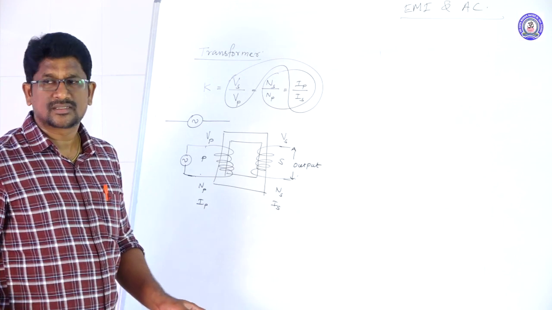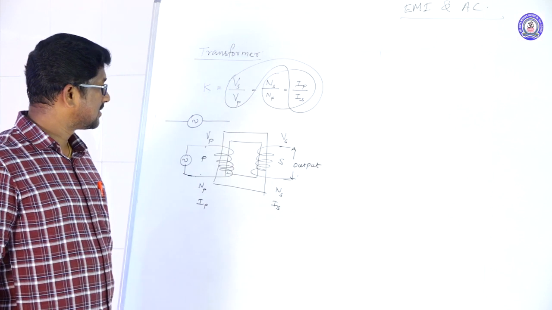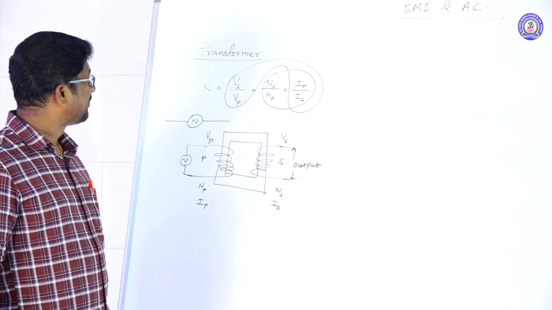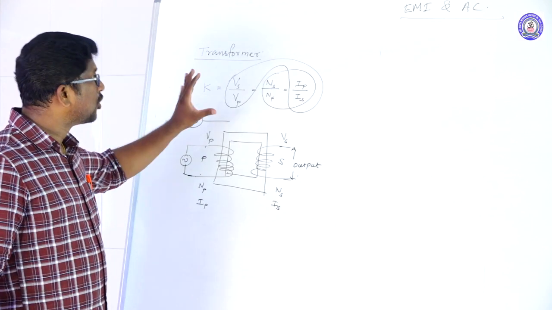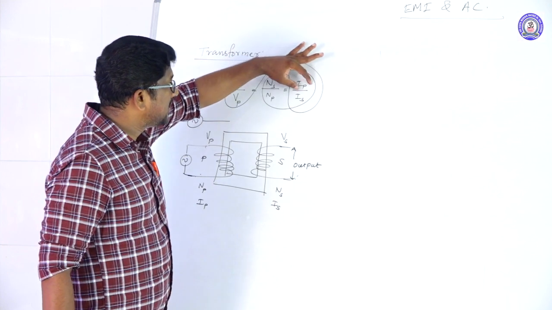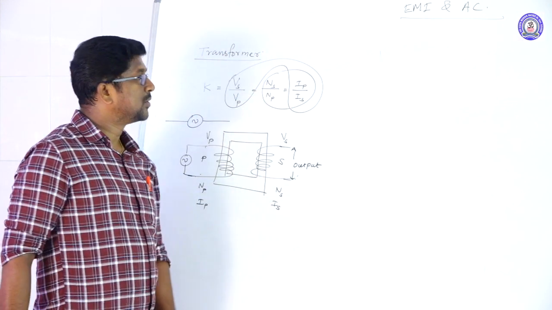But no transformer is ideal, because practically some energy loss is always associated with the transformer. So for an ideal transformer alone, this condition should be applied: Vs divided by Vp is equal to Ip divided by Is, and Ns divided by Np is equal to Ip divided by Is.